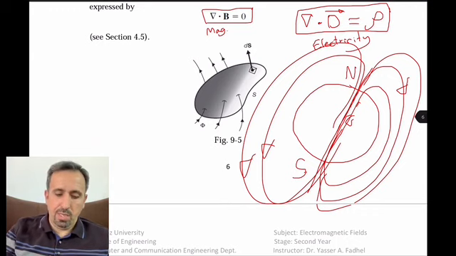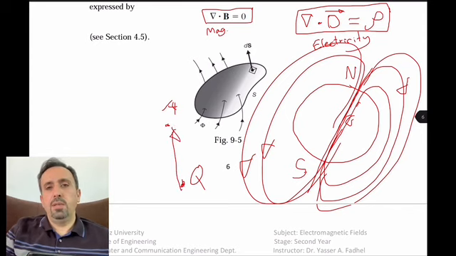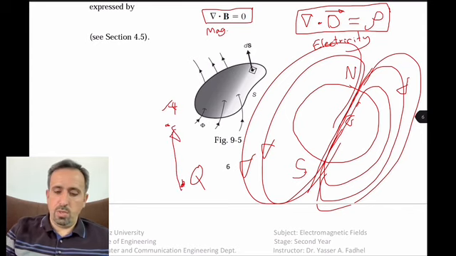Unlike when we talk about charges, where you will have, for example, a charge and an observation point, you will have a start for that electric field. So the electric field is unlike the magnetic field in that matter.